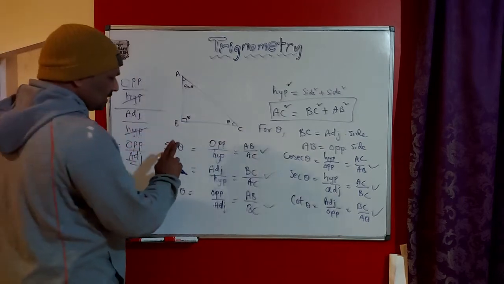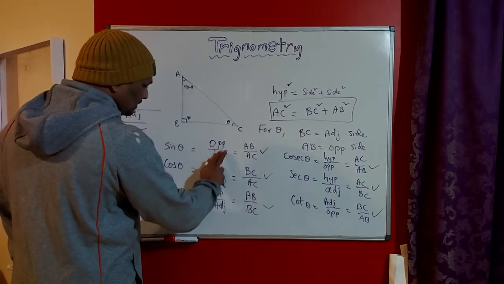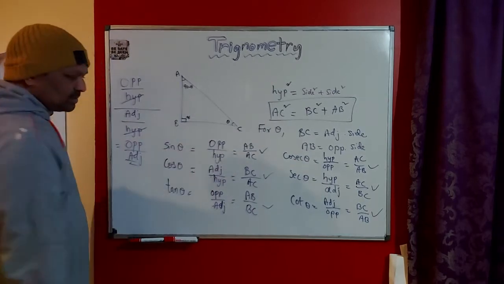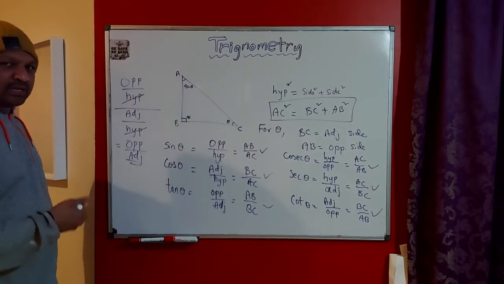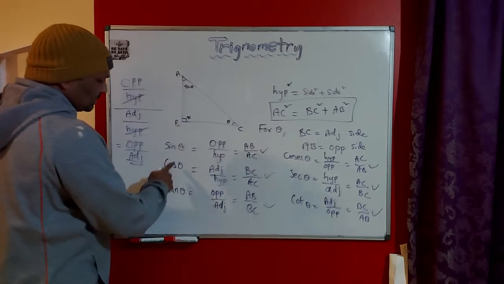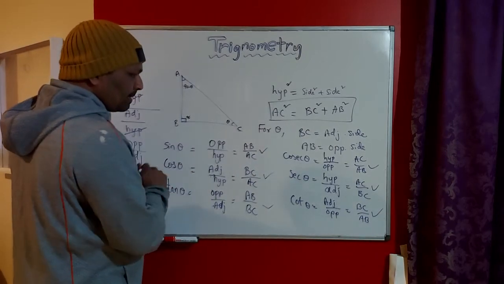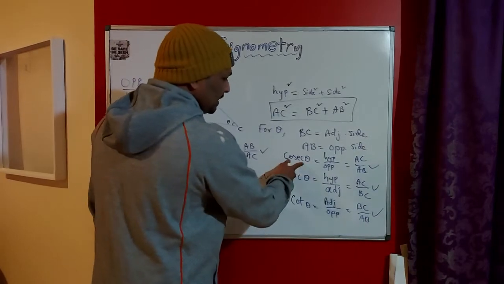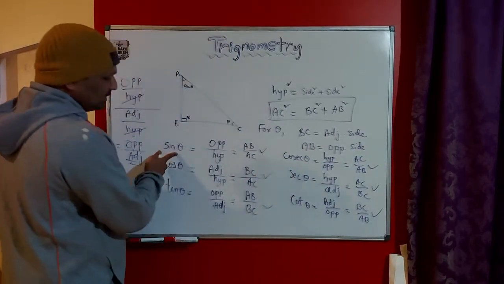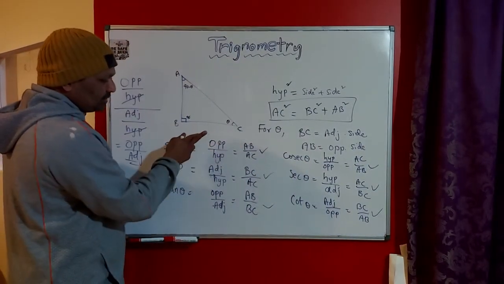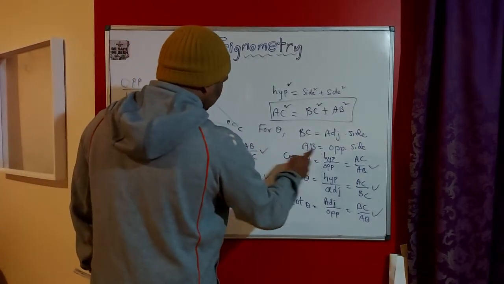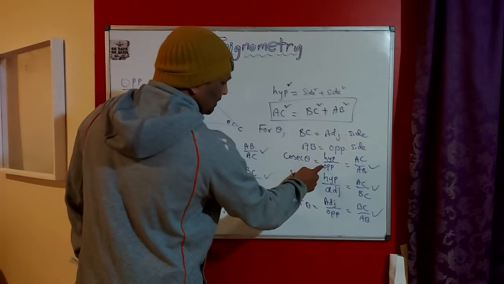I said you have to remember the ratio for sin theta and the ratio for cos theta. If you do remember these two ratios, the other ratios are easy to derive. Tan theta is equal to sin theta by cos theta. Now come to cosecant theta. Cosecant theta is the reciprocal of sin theta, like multiplicative inverse: hypotenuse by opposite.